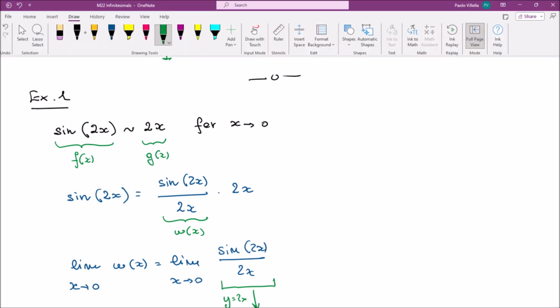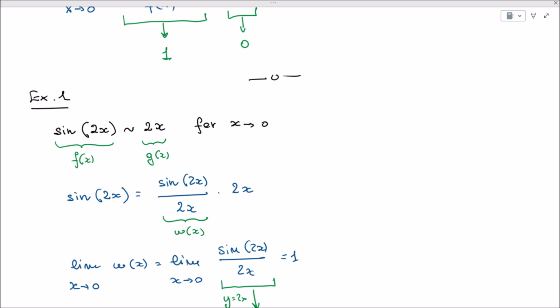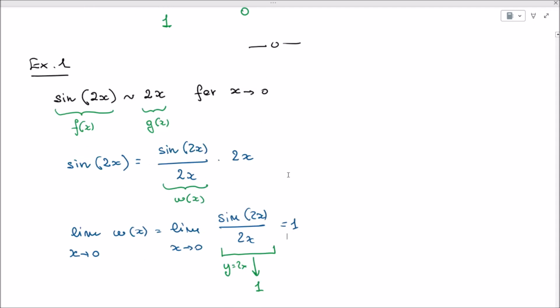So yes, we finally have that sine of 2x is asymptotically equivalent to 2x.